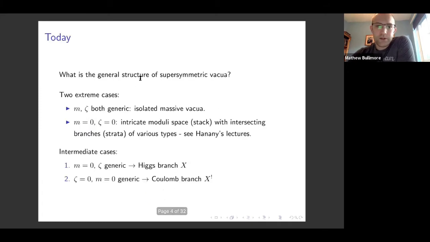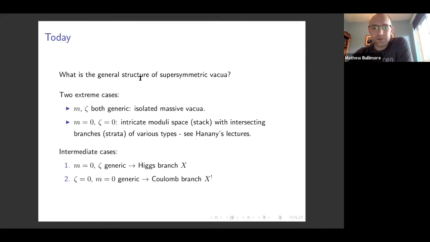Okay, so indeed, what's the general structure of supersymmetric vacua? In general, it's very complicated. There are 2 extreme cases. The first case is the one that I discussed last time, which is where you make everything generic and you just have some discrete set of vacua. The opposite limit is where you set the masses and FI's to 0.